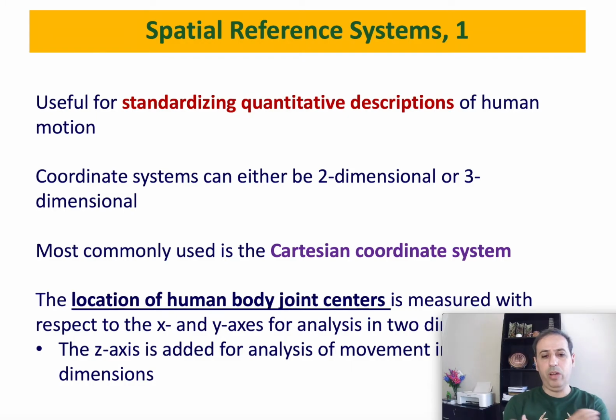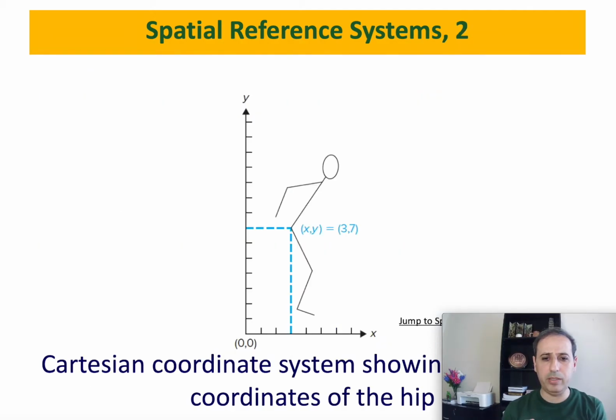We are going to look at a lot of points on the human body for the biomechanical analysis of human motion. People look at the joints, people look at the centers of mass, but we will focus on the joints for a bit. A quick example: look at this schematic showing the Cartesian coordinate system with the coordinates of the hip in x and y.